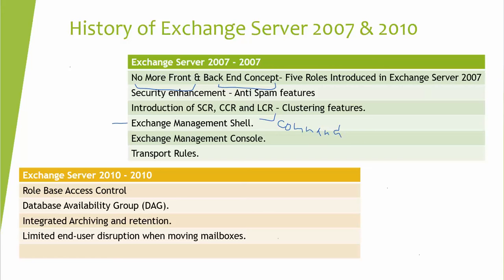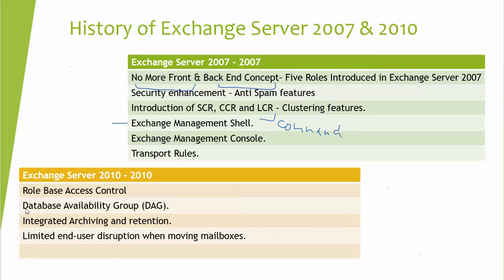Once you added a user as a member of one of those roles, that user had access over all your Exchange servers in your organization, which is a bad thing. You want the user to have access to one of your servers, not all of your servers. So that was one of the greatest improvements that they made with Exchange Server.